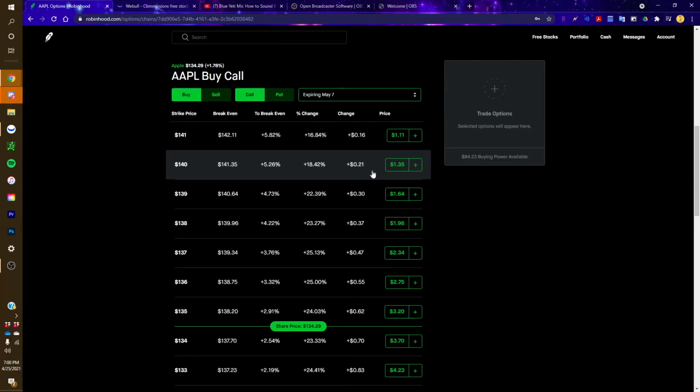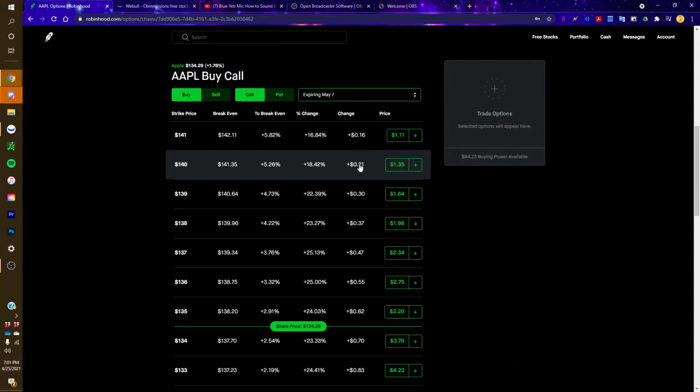If I were to buy this today at $135, then in a few days, if Apple happened to be at 138, this contract would have a higher price because people will be paying more money because Apple's probably going to get to 140 by the expiration date.